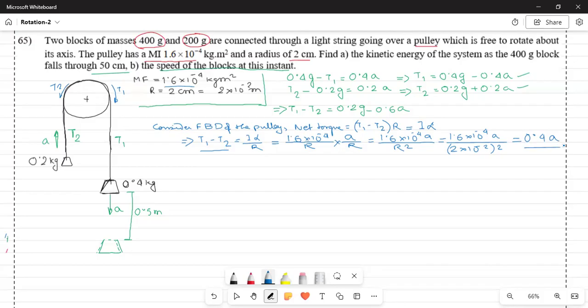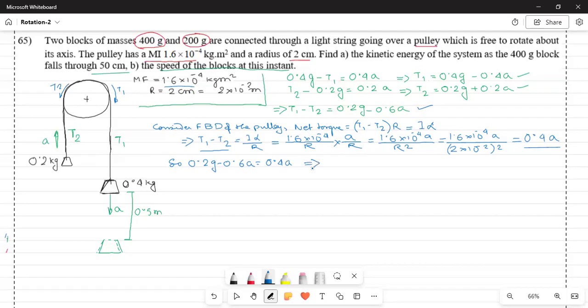Right? We have earlier found T1 minus T2 is 0.2G minus 0.6A. So these two are the same. So 0.2G minus 0.6A is equal to 0.4A.